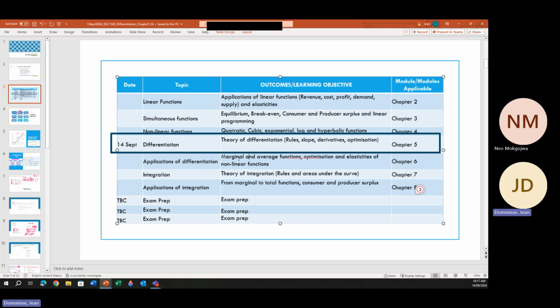I want to work through that, because it is a bit different, as it looks at how we differentiate functions and then work out the elasticity. So it does bring in a bit of a different angle. But that is for next week. Next week we will fully focus on the applications of differentiation and work through that.